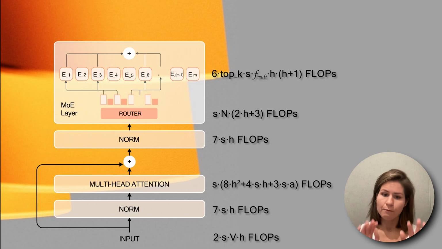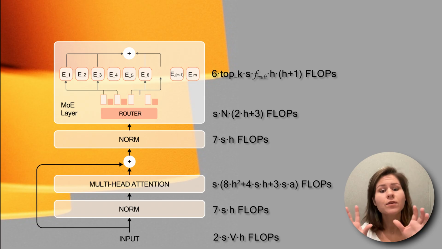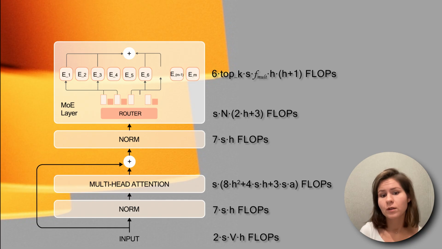One thing to remind you is, with MoEs, we don't activate all experts for a particular token. And thus, even though we accounted for N experts in the storage, when we calculate the FLOPs, we only account for the top K experts per token, which is much smaller.